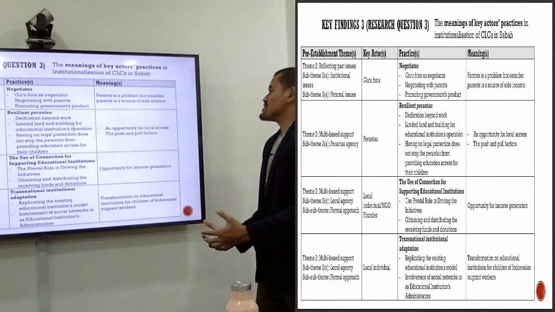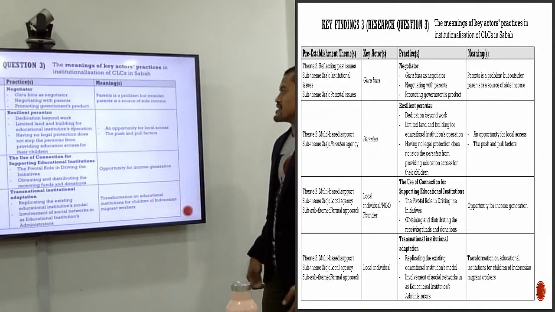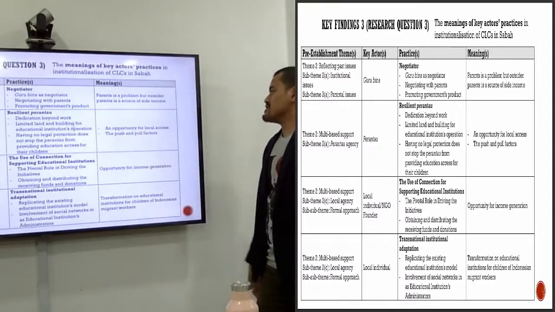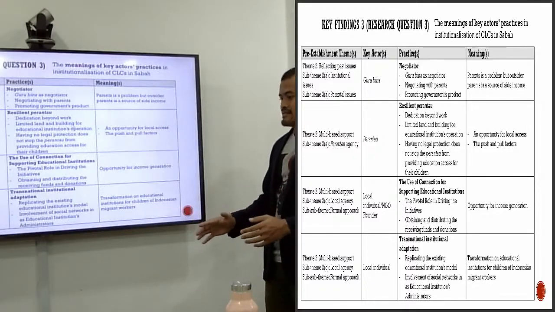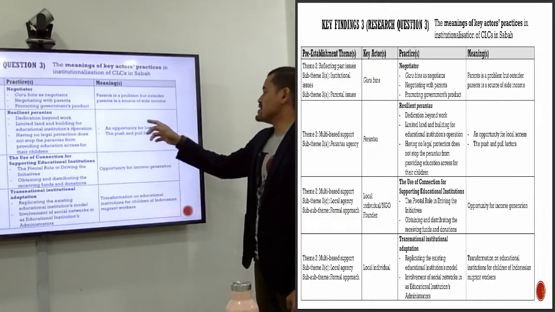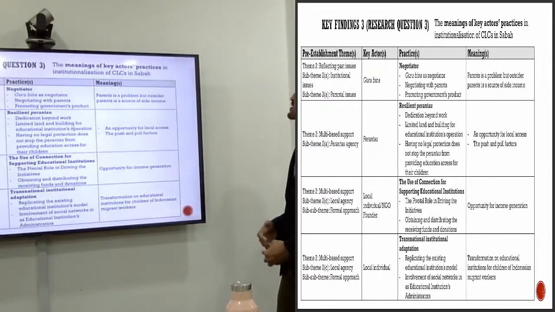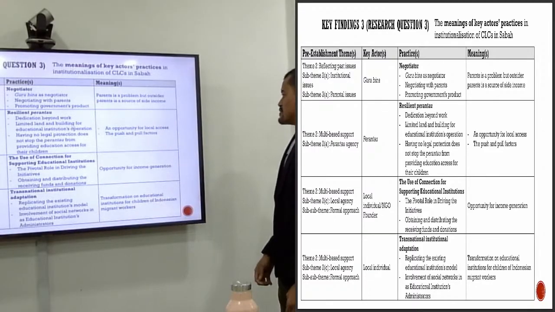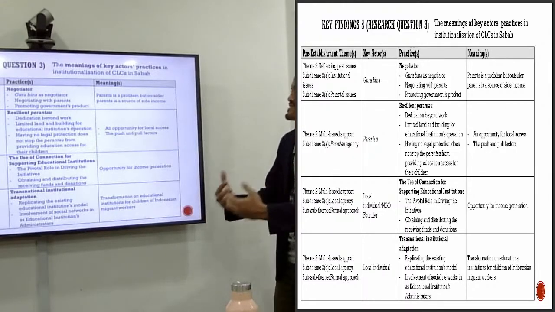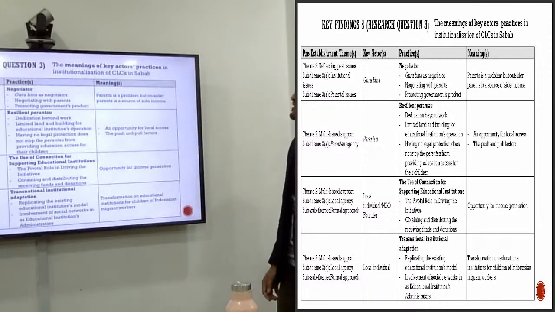So what motivates them to practice that? To become more resilient, to work beyond their own limited job scope. So for example, the meaning here is an opportunity for local access, and they also have push and pull factors that motivate them to practice in a particular way, to become a resilient perantau, something like that.